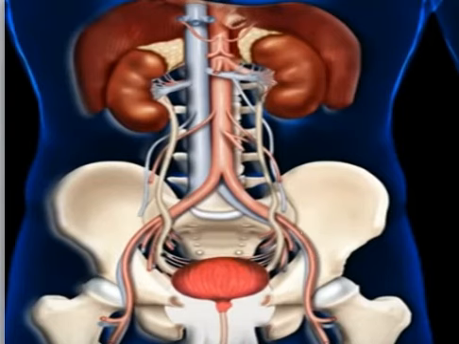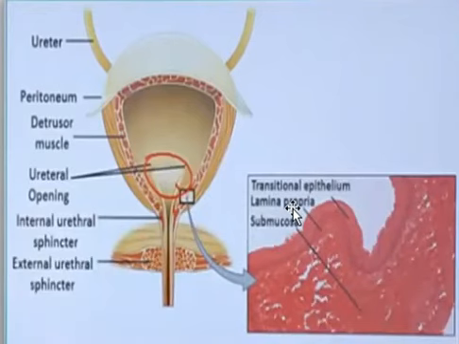The epithelium of the urinary bladder is transitional epithelium. When it is filled with urine and stretched, it appears as one layer, but when it is empty, it takes a wrinkled shape called rugae, and it has a muscular layer called the detrusor muscle.